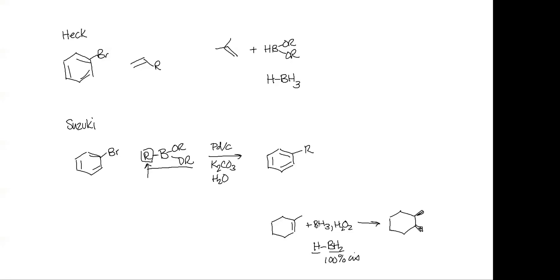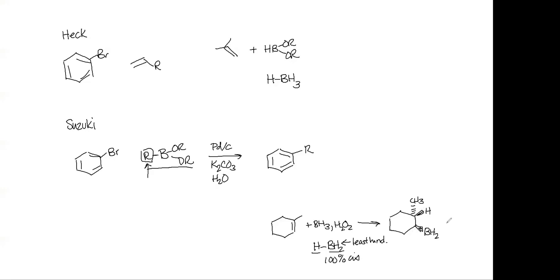And the boron had to go on the least hindered carbon. So in this particular case, if I added it to this double bond, the hydrogen would go on the tertiary carbon and the BH2 would go on the least sterically hindered carbon.